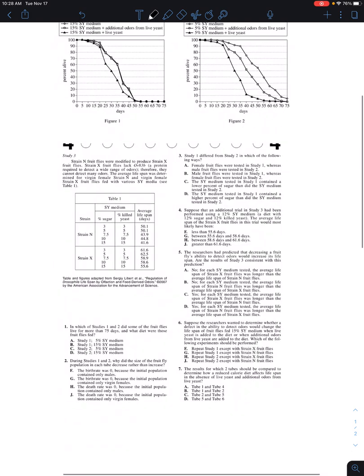Another one of the big strategies that can help you as you approach the passages is to know that question 1 on the science test is going to be the easiest. Then question 7 down here is going to be the hardest. These strategies will repeat throughout the test.